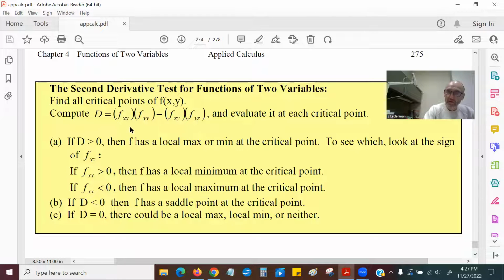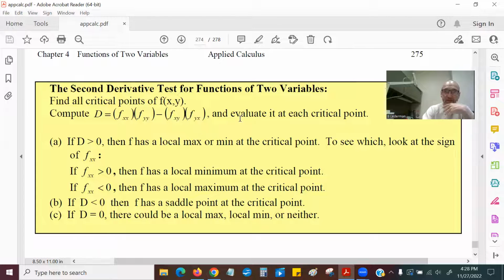Whatever the function is, we take the second derivative that does two x's, the second derivative that does two y's, the second derivative that does x first and then y second, and the one that does y first and x second, and we multiply and subtract in exactly this fashion, and we get this D.